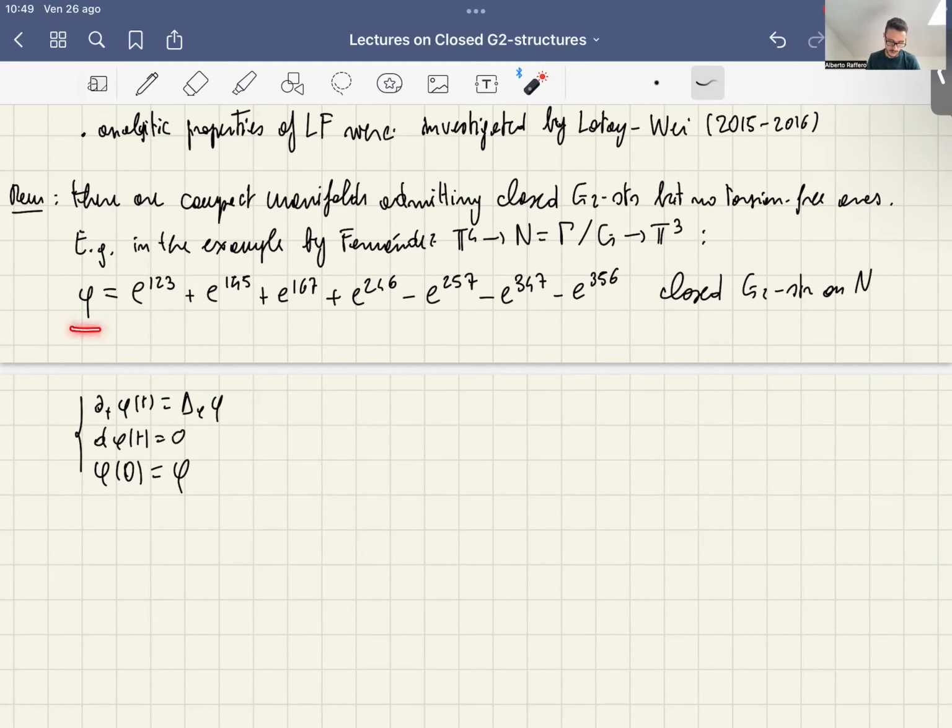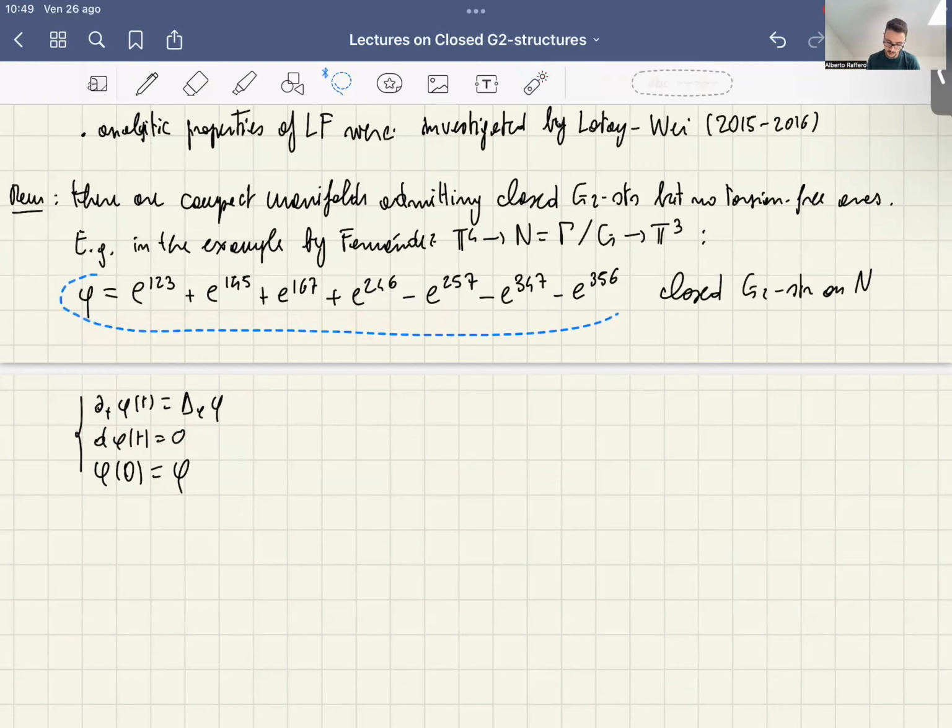For instance, in this case, the idea is that you can look for solutions where you only rescale the coefficients of the summands giving you the three-form, rewriting the flow equation as a system of ODEs for these functions that you put as coefficients. And if you are lucky, you will get some ODE system that can be solved. And this is precisely what's going on here.